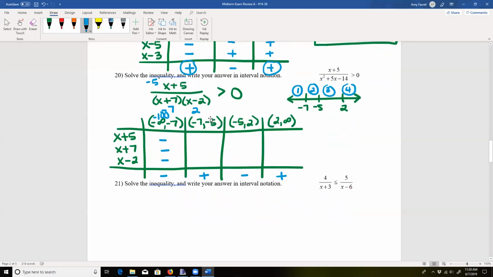And again, we're looking for positive, because my symbol is a greater than. We want this quotient to be greater than 0. So the quotient is greater than 0 in intervals 2 and 4. So our solution set would be negative 7 to negative 5 with 2 to infinity, the union of those 2 intervals.